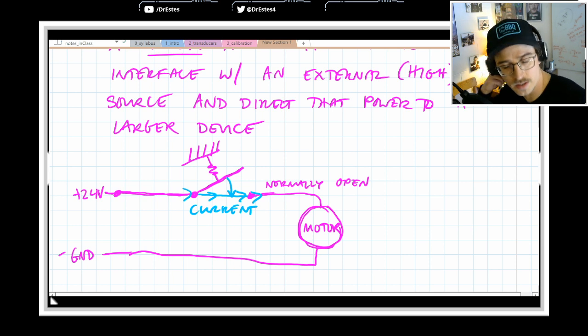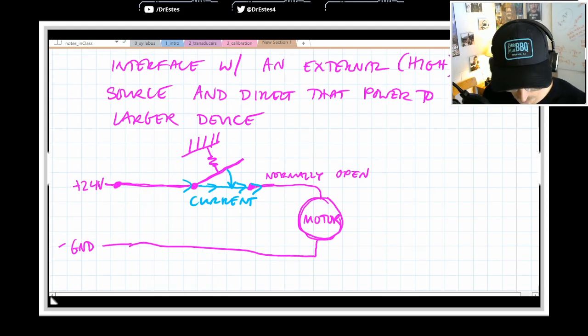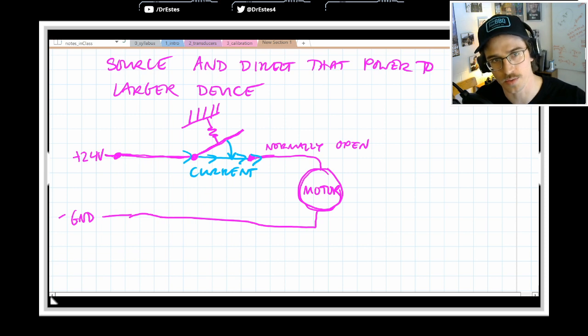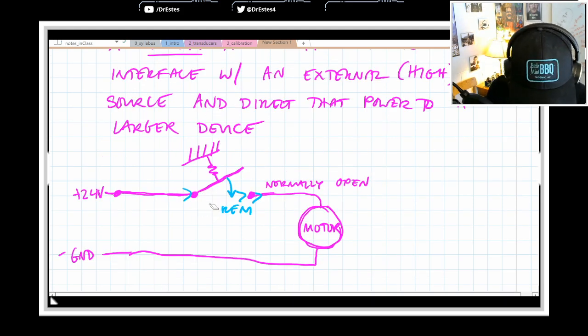And so we would be delivering high power to this motor. All right, so how do we close that latch? This is what we're going to use the Arduino for. So maybe I'll erase this really quick because I want to leave it open.